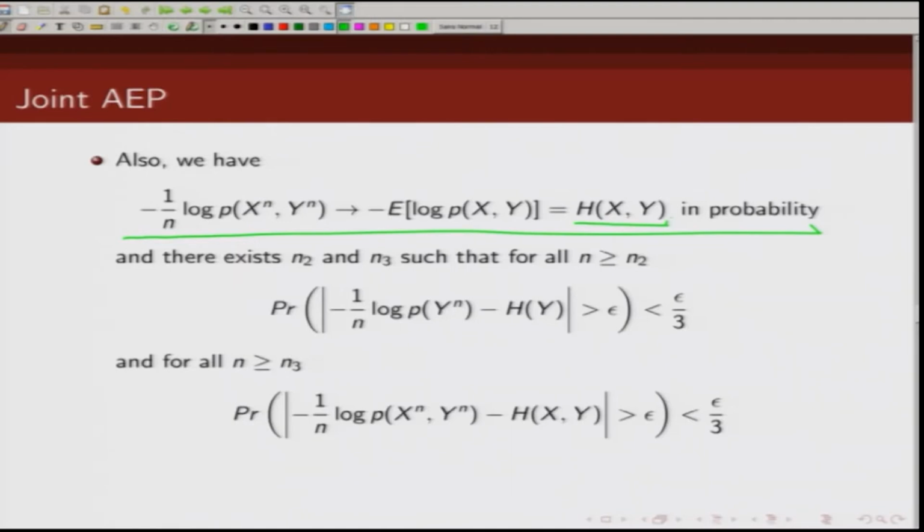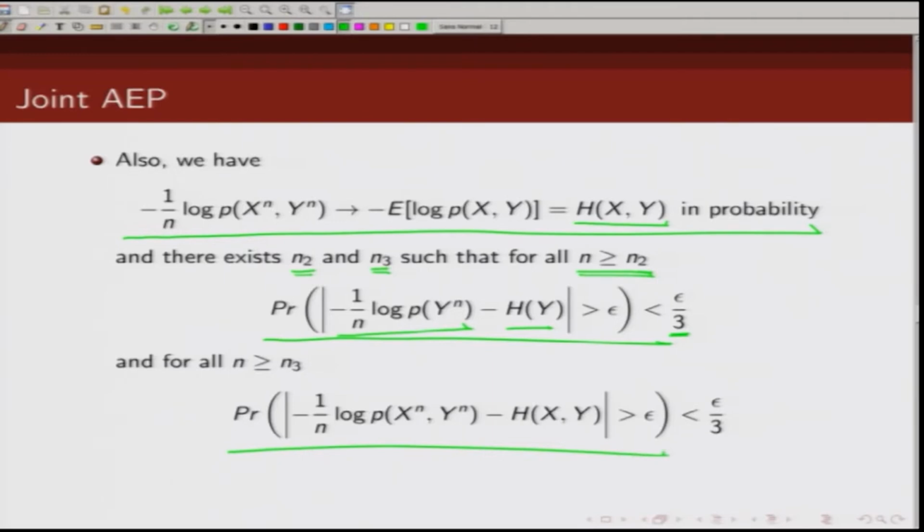And as we said, we can equivalently write these conditions as follows: there exist some n2 and n3 such that for all n greater than n2, the probability that the absolute difference between the empirical entropy and the true entropy exceeds epsilon is less than epsilon by 3, and similarly the probability that the absolute difference between the true joint entropy and the empirical joint entropy exceeds epsilon is less than epsilon by 3, and this holds for all n greater than or equal to n3.